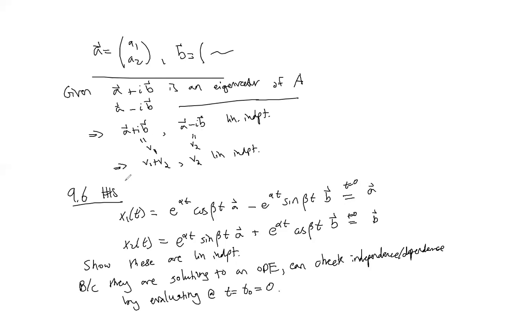The reason I'm doing that is because v1 plus v2 equals A. Because if we can show A and B are linearly independent, that would show x1 and x2 are linearly independent.